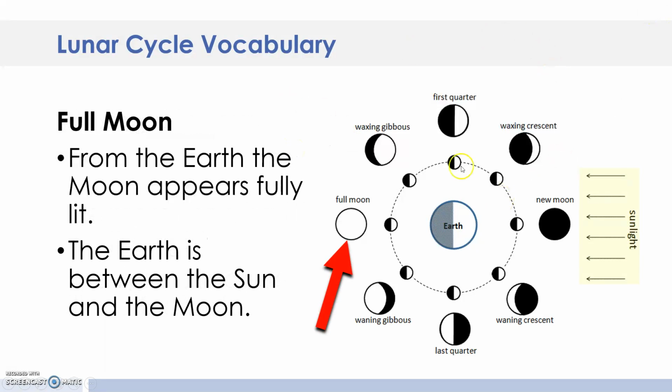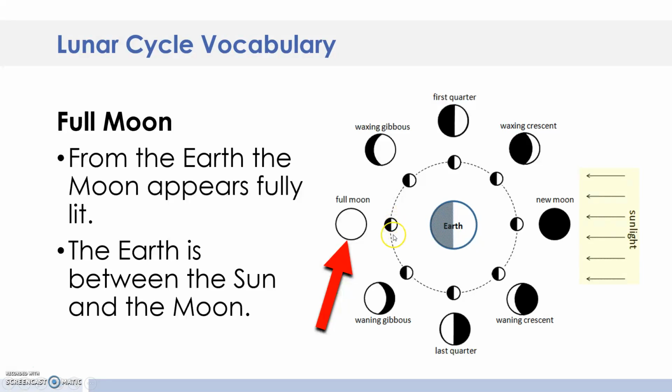And then finally we get over to the full moon, which is one that we're all pretty familiar with. So the full moon is actually only halfway through the cycle. So from the Earth, it appears that the moon is fully lit. And the Earth is actually in between the moon and the sun. So it's weird for us to think about that that's when it would be completely lit. But the sunlight is actually completely hitting the entire side of the moon that we can see because that side of the moon is what's facing the sun.